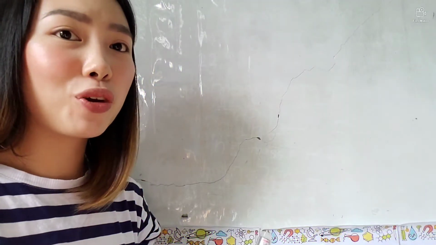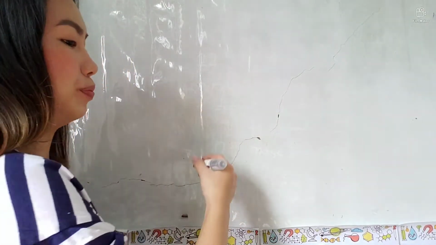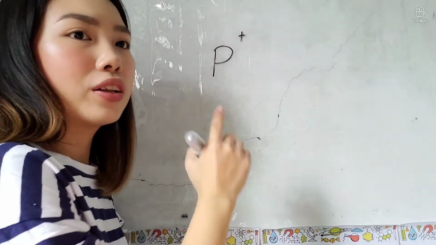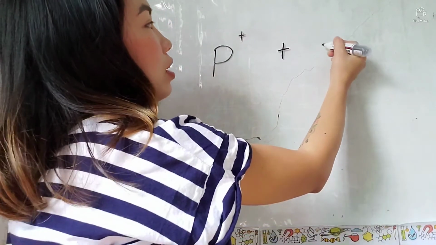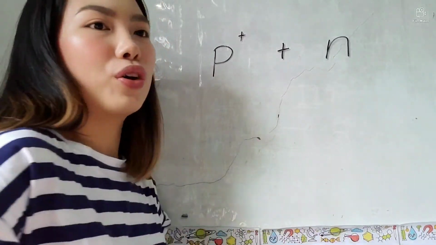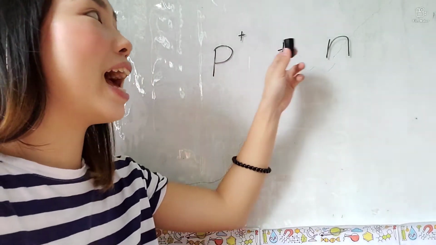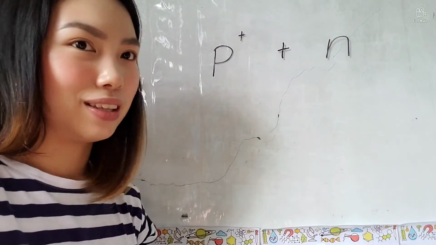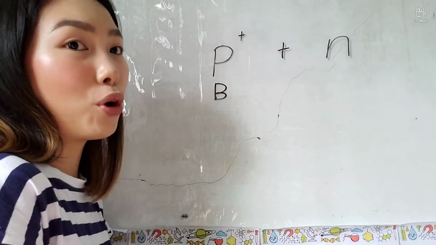Even if you do not have the periodic table, ang kailangan mo lang gawin is to add the number of your proton plus the number of neutron. So, kung ano yung number ng proton mo, just add it to the neutron and it will give you the mass number.